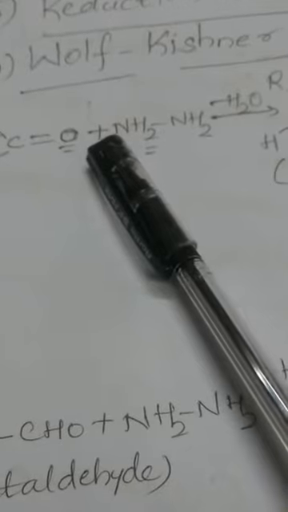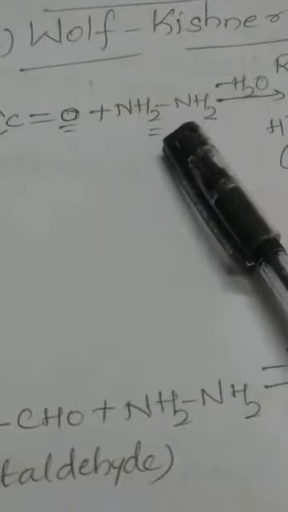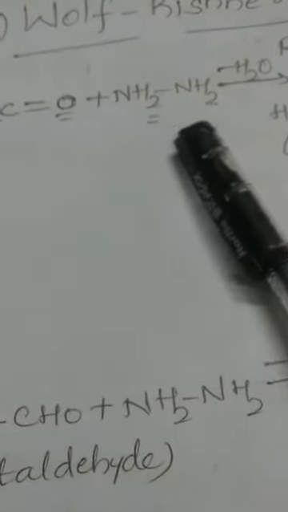Here the aldehyde is treated with hydrazine. I hope you all know hydrazine. The formula is NH2 single bond NH2, or N2H4. This reagent we have come across in the set of condensation reactions. So aldehydes react with hydrazine.